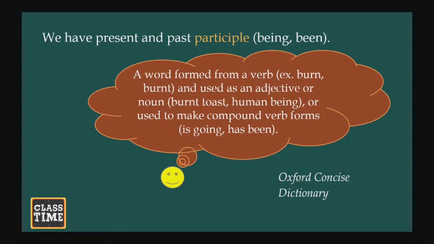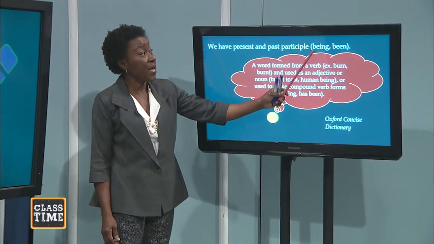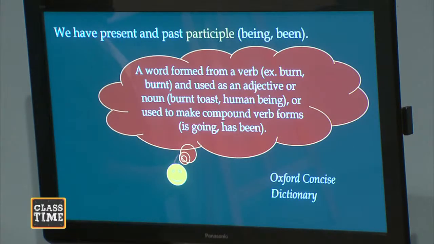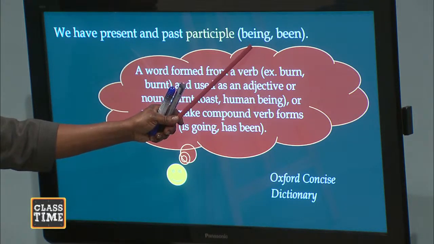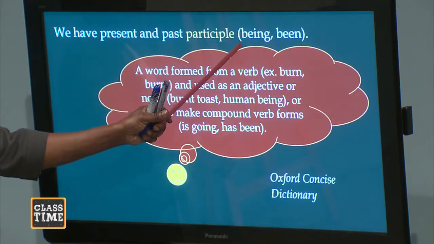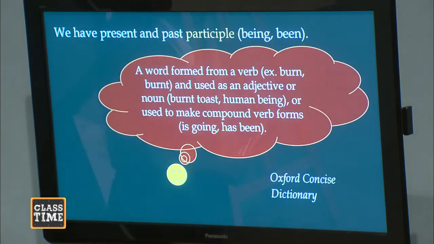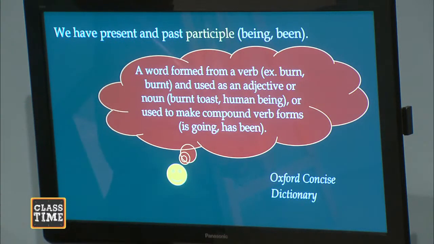Let's go back over here. So we have present and past participle, such as being and been. Now, you call this sometimes the present continuous tense. Its official name is present participle. So we have present participle and we have past participle. So where does this word come from? Be.